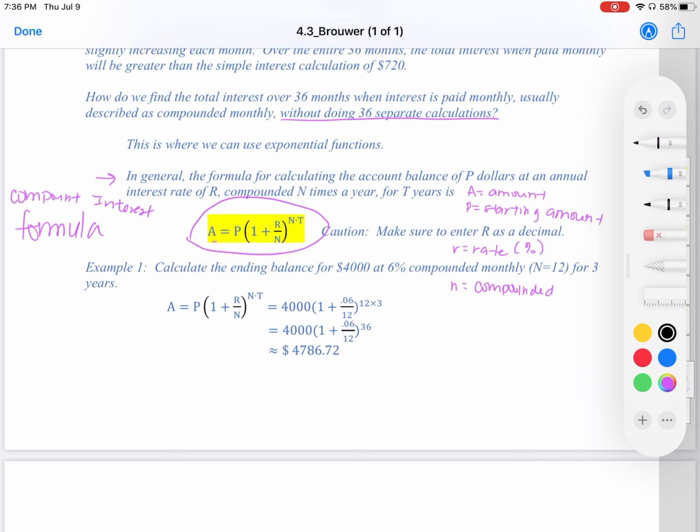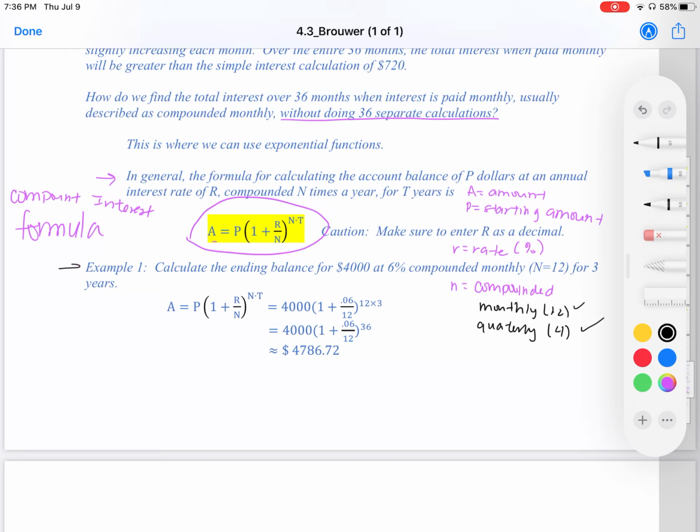So if you have words like monthly, that would be compounded 12 times. Quarterly would be 4 times. You can have semi-annually, weekly, daily. Those are words you'll see, but monthly and quarterly are probably the most common ones.